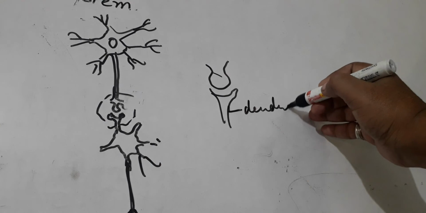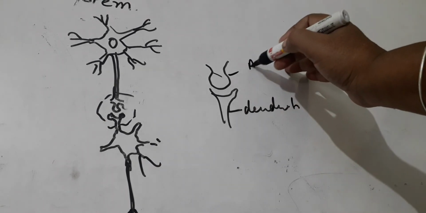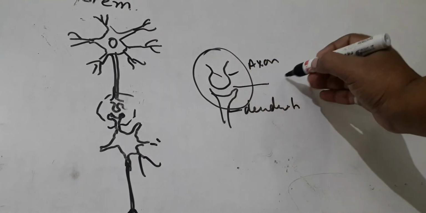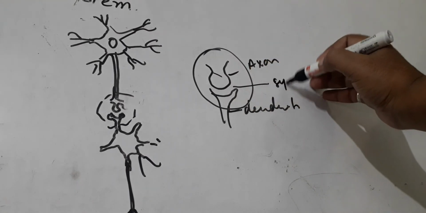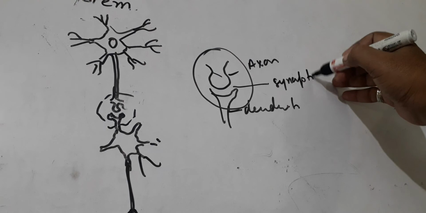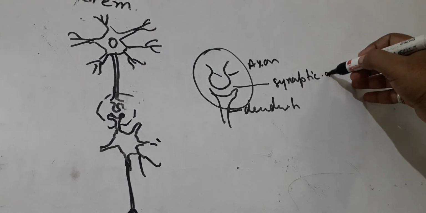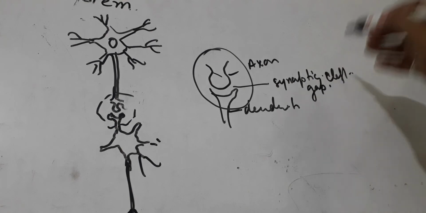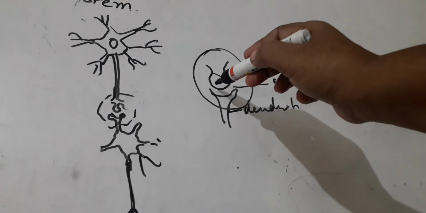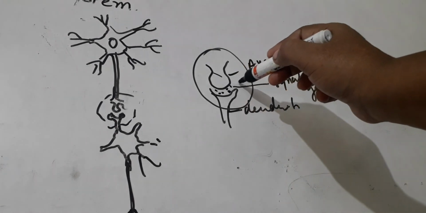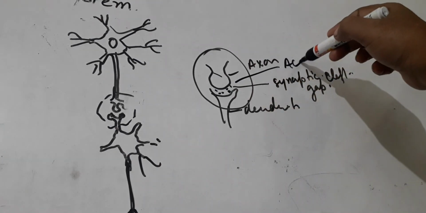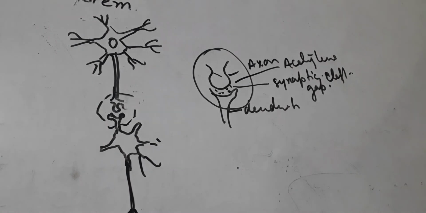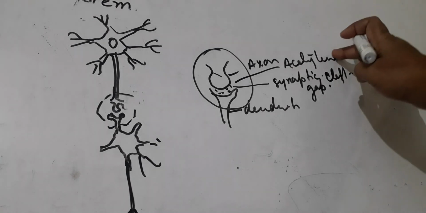Dendrites of any other neuron, the axon of another neuron. This one is the gap, synaptic cleft, synaptic gap, you can say. And in this area, acetylcholine is released.